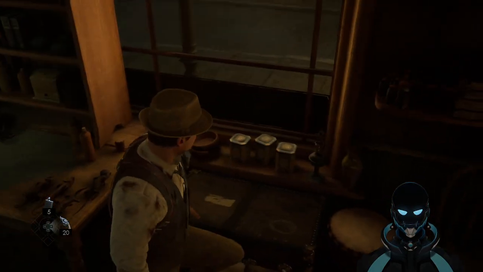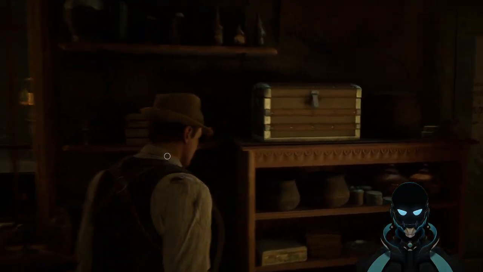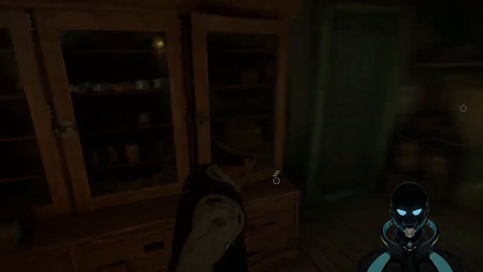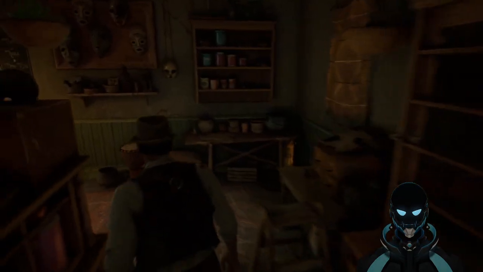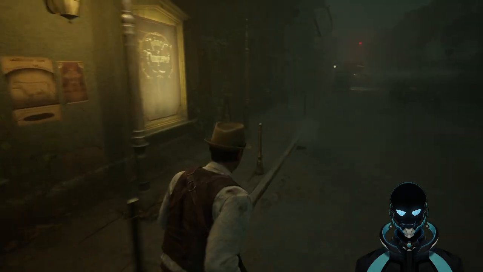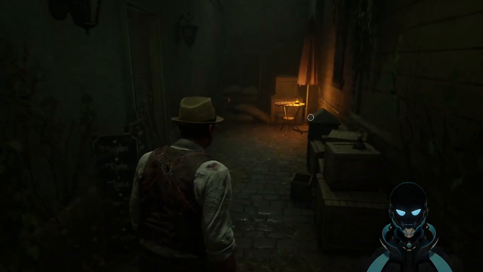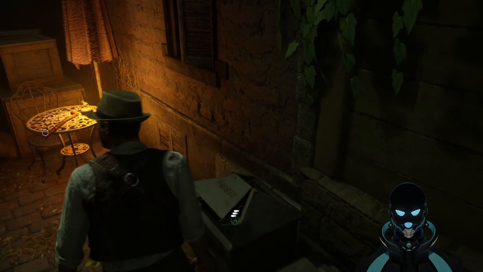Take these bullets. Can't go that way. Melee weapon.